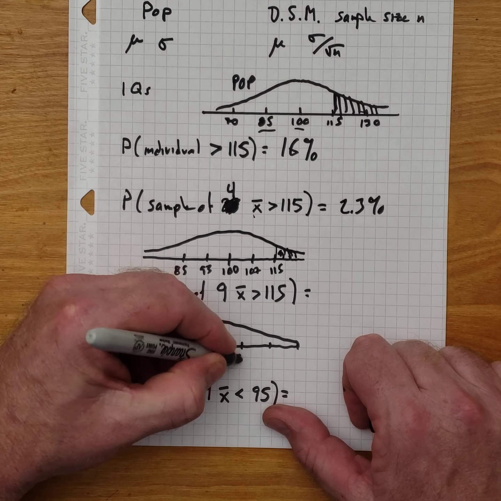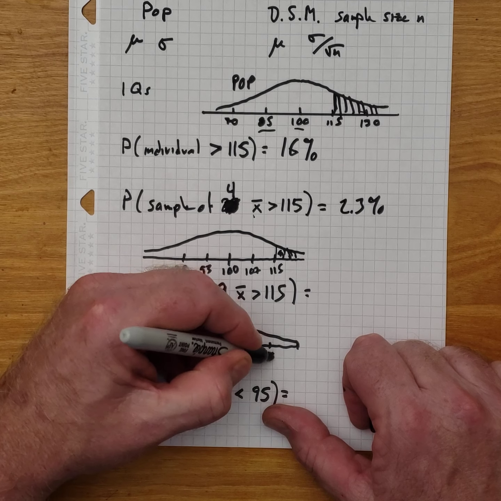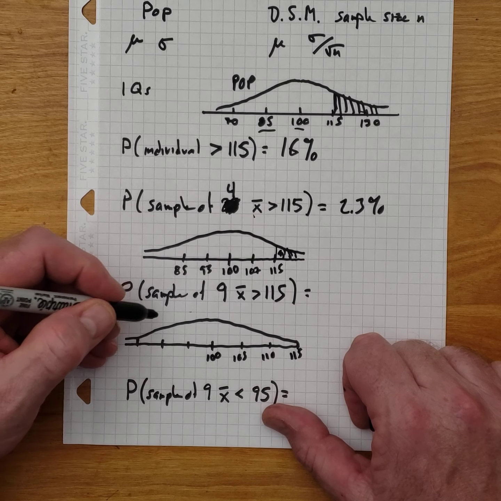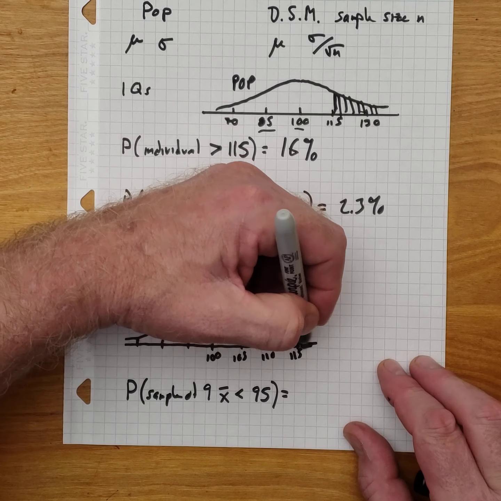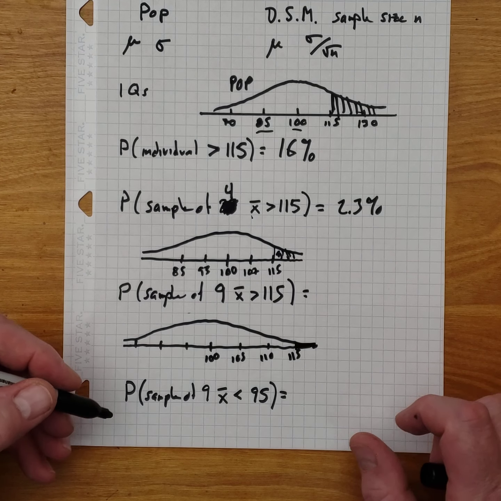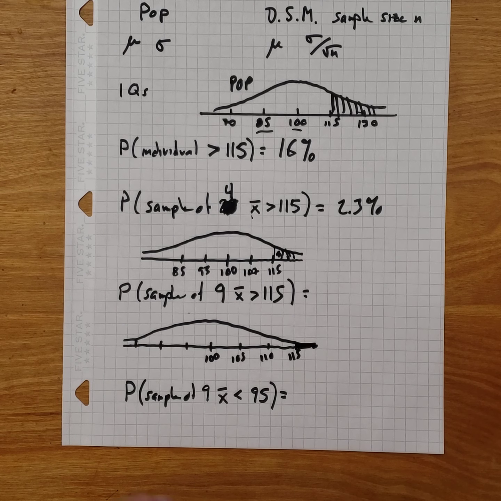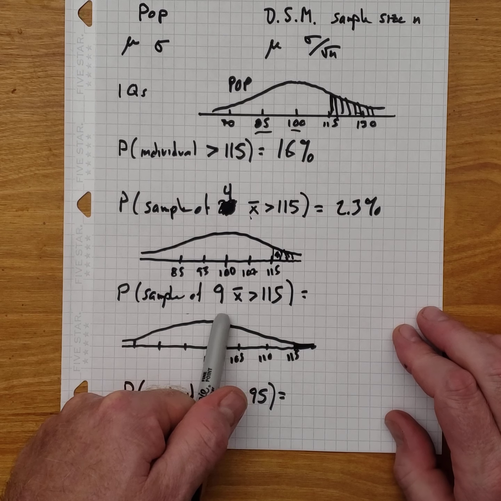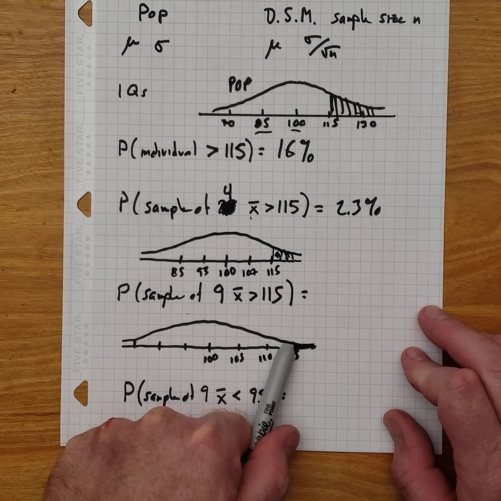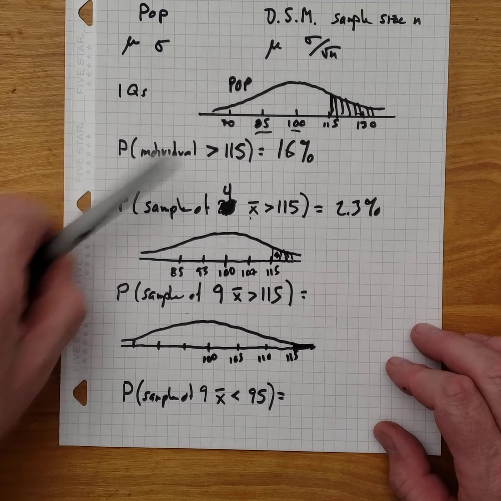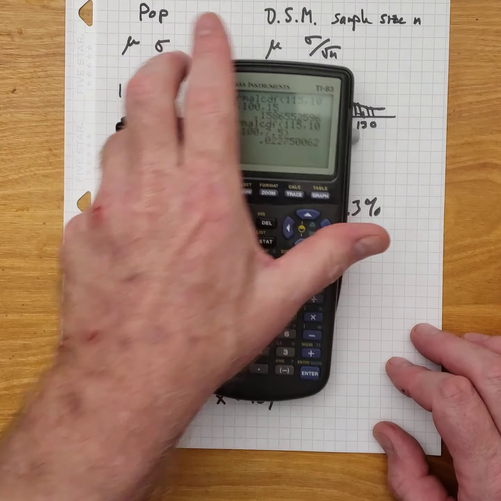So it's going to be 5: 105, 110, and 115. So now we're talking about being 3 standard deviations away from the mean. So it's going to be much less likely that a larger sample will have an average that deviates that much from the norm. And those numbers are easy to do.